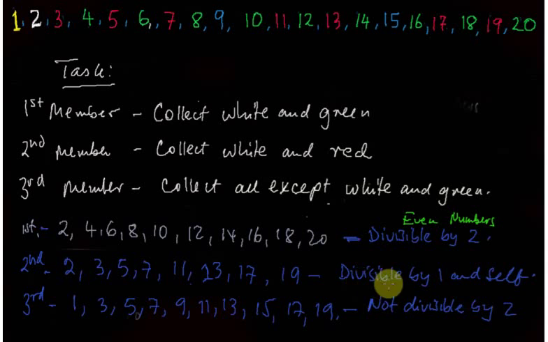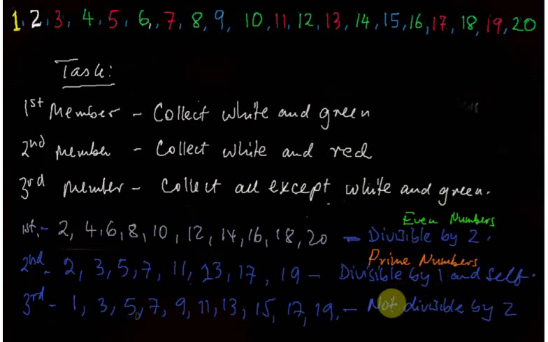The second one, we call them prime. These are prime numbers. Let us use a different color. I like colors. This is a prime number. Prime numbers are divisible by 1 and self.